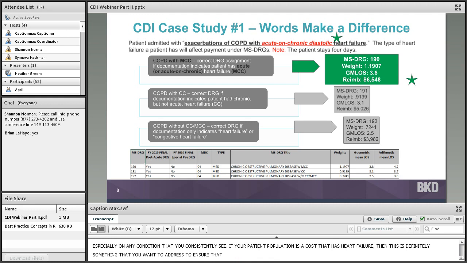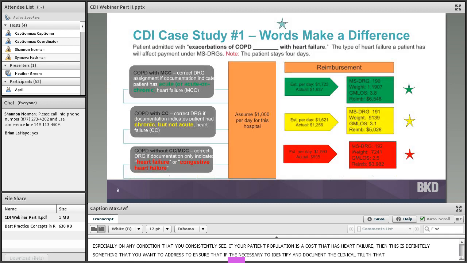So if your patient population does have heart failure, then this is definitely something that you want to address, to ensure that if the specificity is necessary to identify and document the clinical truth, it is being done. This is where a CDI team can help.